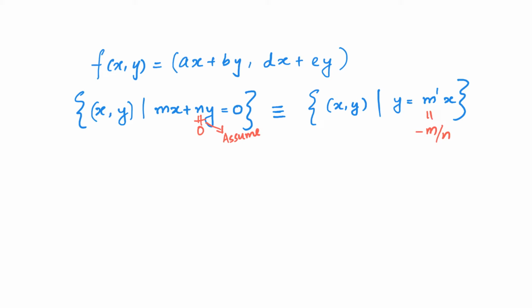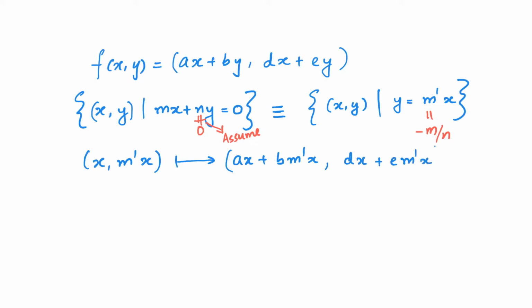That means every element of the line has the form (x, m'x), as y = m'x. And what do we have to see? We have to see where this point goes to. This point goes to (ax + bm'x, dx + em'x).